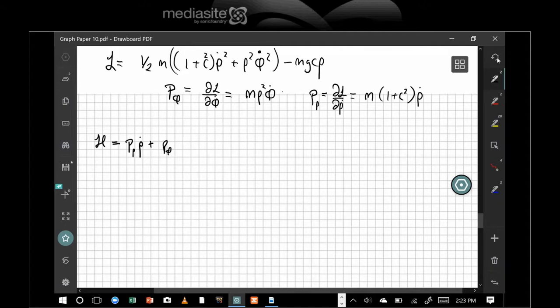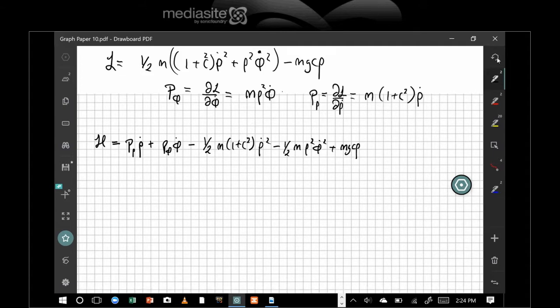And the Lagrangian is this. However, remember the Hamiltonian is not a function of any velocities, rho dot and phi dot. I've got to get rid of them. The question is, how do I get rid of them?